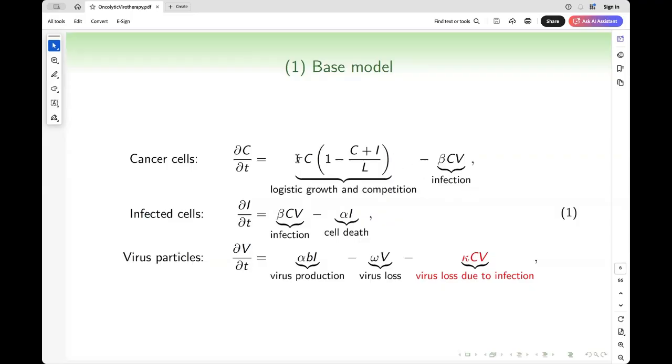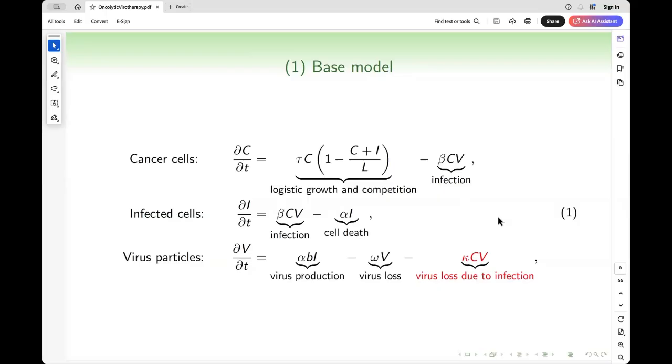So there's an order of magnitude between I and V. And if one virus infects a cell, or maybe 10 viruses infect a cell, this is a minuscule term. It should not make a difference in the virus particle equation. So what I propagate in my modeling is I just remove this term and continue without it.